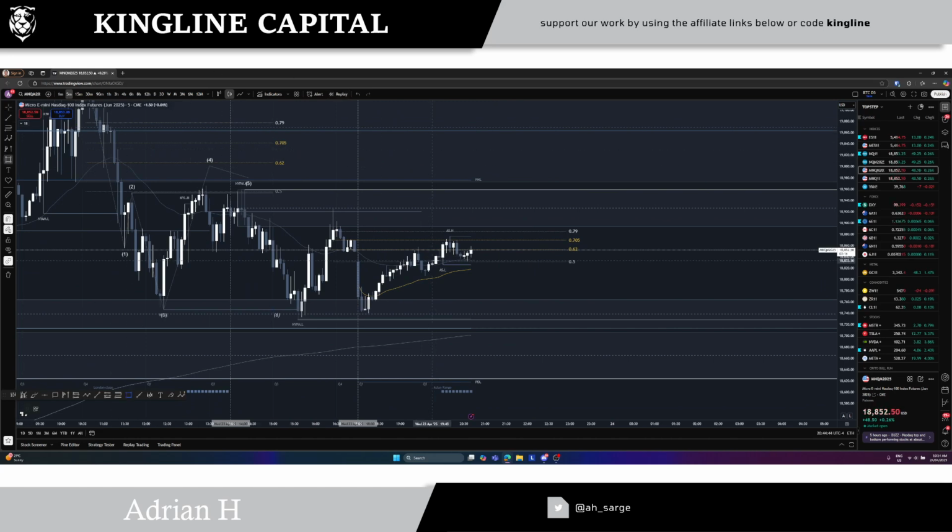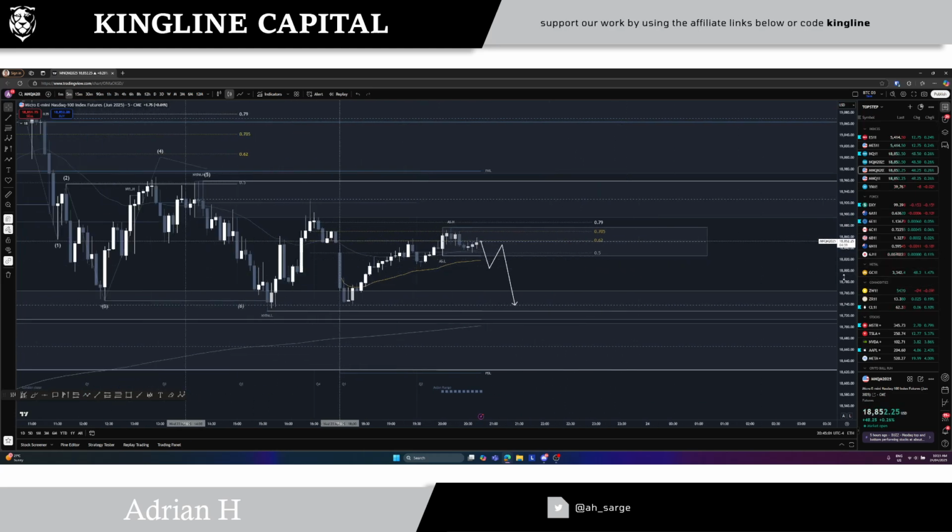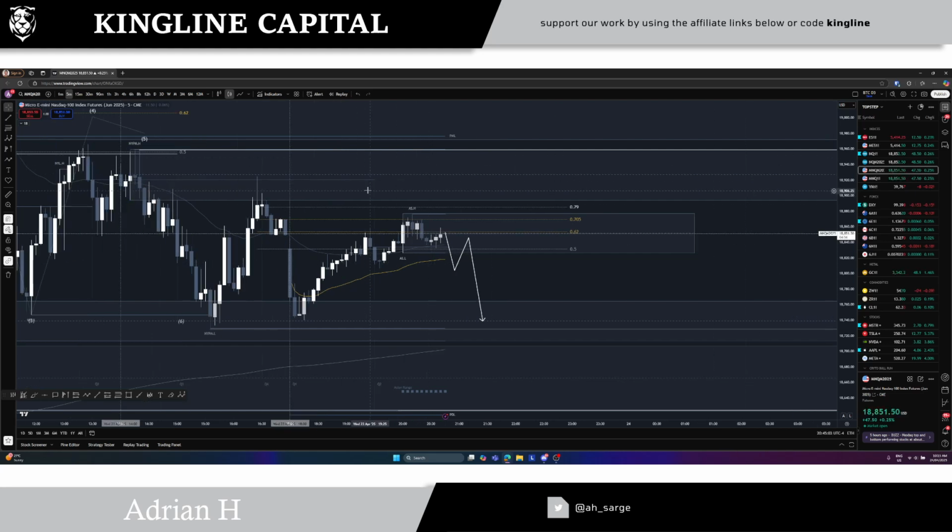Or if we break this zone here, come back in, respect 50%. And then short here, down to the PM low.